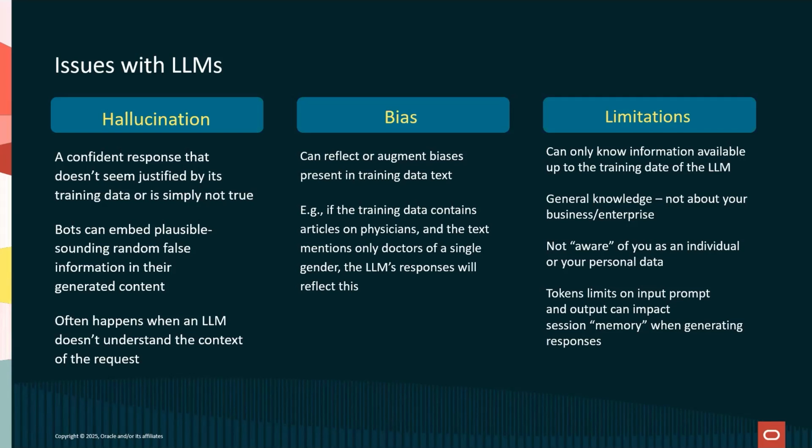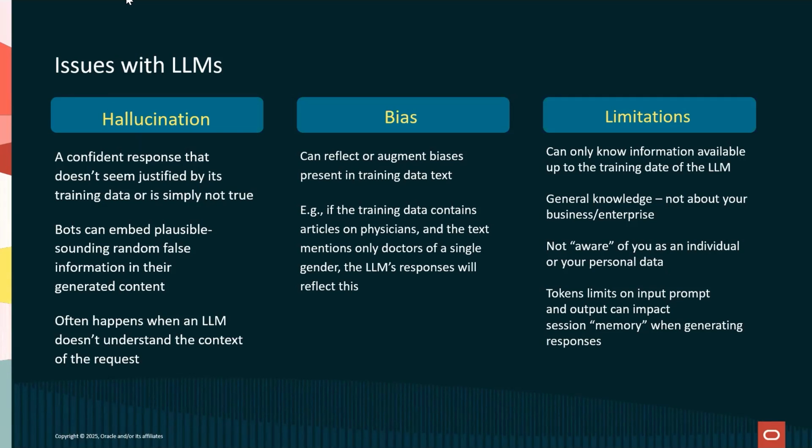It can also show bias, reflecting or augmenting biases present in the data. For example, the output can be one-sided, like articles that mention only one gender of doctors.